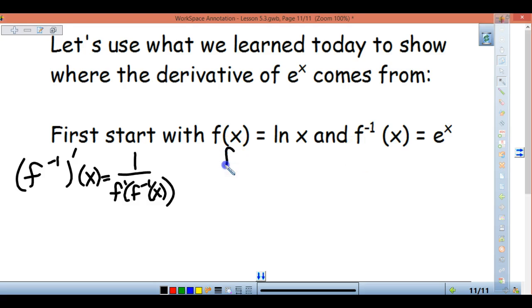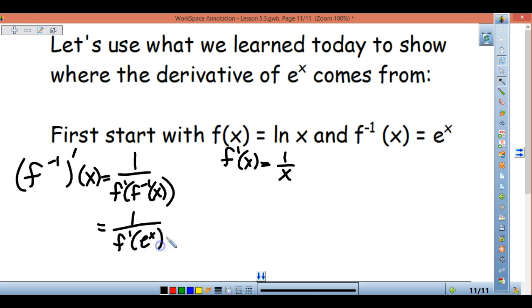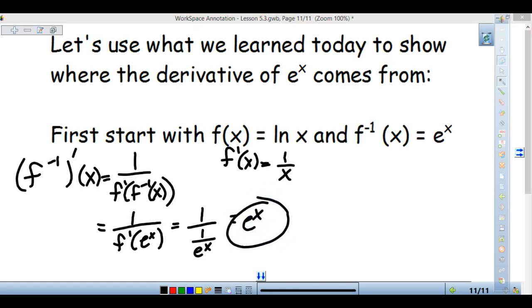So recall again that one of the things that we're going to need is the derivative. The derivative of natural log of x is 1 over x. Okay, and then we know that the inverse is e to the x. So 1 over f prime of e to the x. The derivative is 1 over x, so 1 over 1 over e to the x, which is just e to the x.